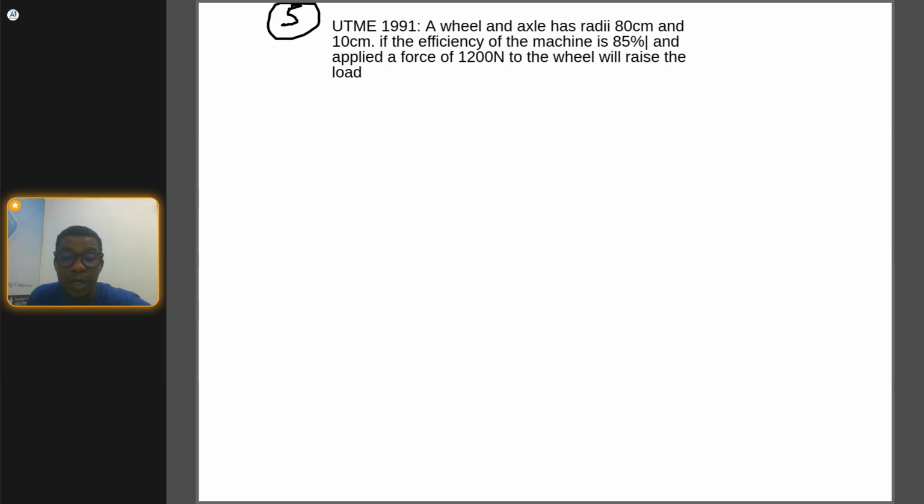Under the wheel and axis as a type of machine, the velocity ratio is given as capital letter R over small letter r, where capital R represents the radius of the wheel and small r represents the radius of the axis. So the radius is going to be used to obtain the velocity ratio.